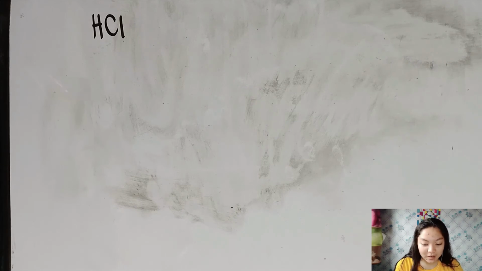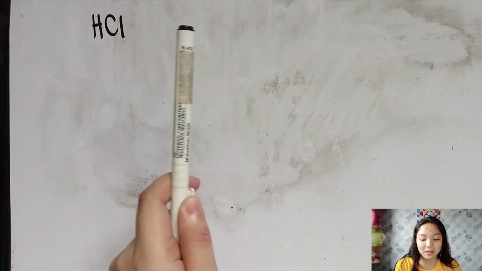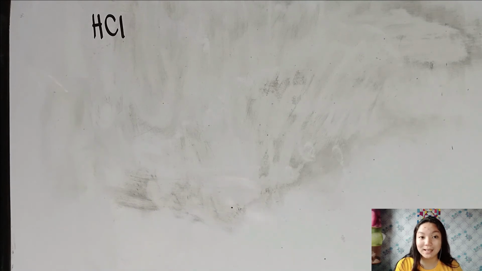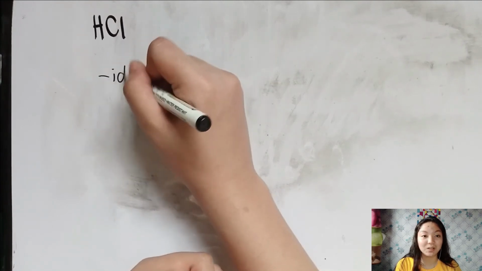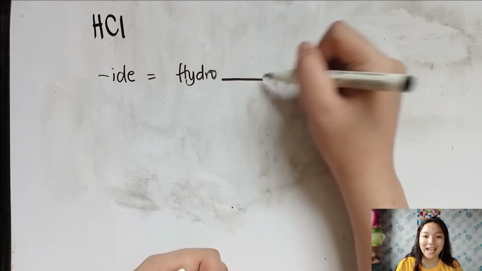As I said earlier, there are two types of naming acids, with oxygen and without oxygen. HCl doesn't have oxygen, so we will not use the -ate equals -ic acid or the -ite equals -ous acid. But we are using the -ide equals hydro-blank or the root name plus -ic acid.